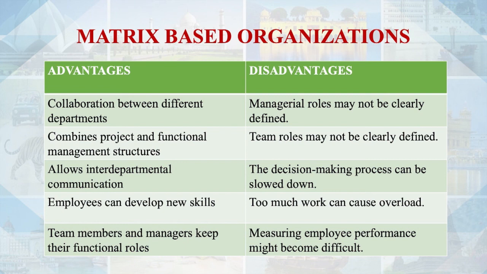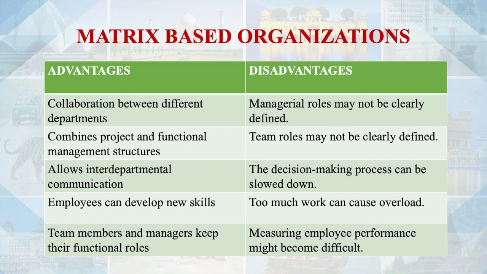Number three, it allows interdepartmental communication, so there is no conflict of resources, rather a kind of cohesiveness gets built in. When employees start working in various different projects, this gives them an opportunity to develop new skills, which comes to the advantage of the organization in the long run. And finally, team members and managers keep their functional role, which goes into long-term motivation.